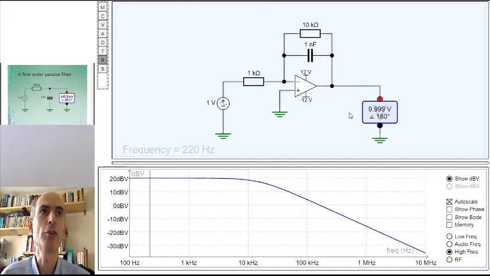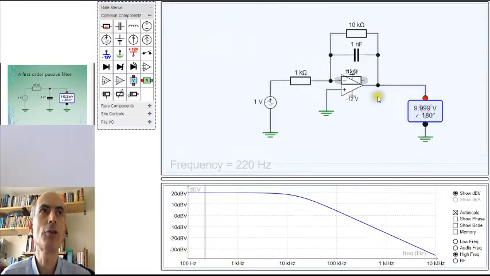There's another reason as well, which would become apparent if I add another component to this filter. At the moment, the output of this filter is just driving an ideal voltmeter, which takes no current. Now, if I wanted this filter to drive another circuit, then that other circuit would have an input impedance.